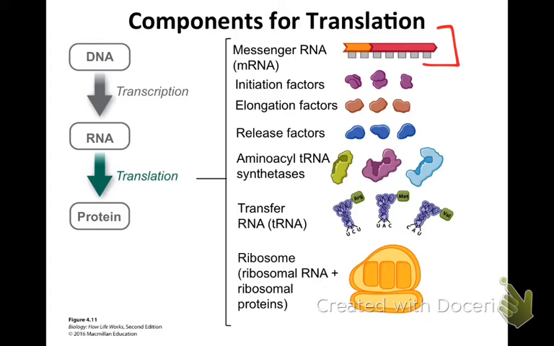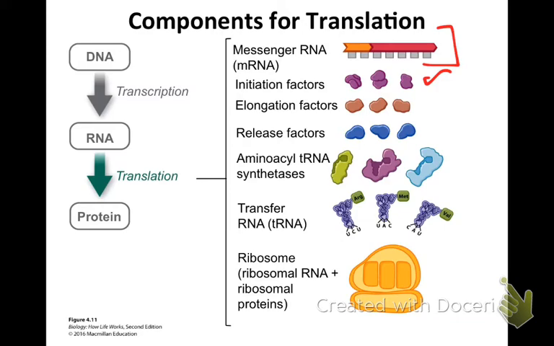The other things that you need to include would be initiation factors, and these are proteins that do exactly what they sound like. They're going to initiate the process of translation once the messenger RNA gets out into the cytoplasm, again talking about a eukaryotic cell.